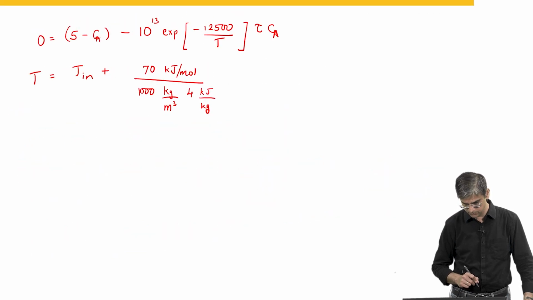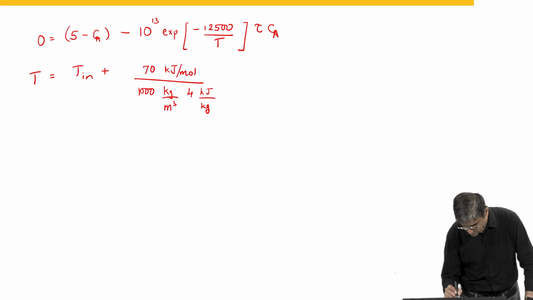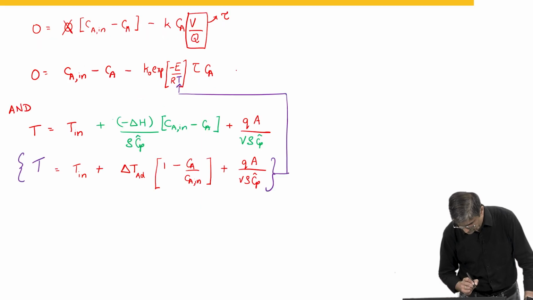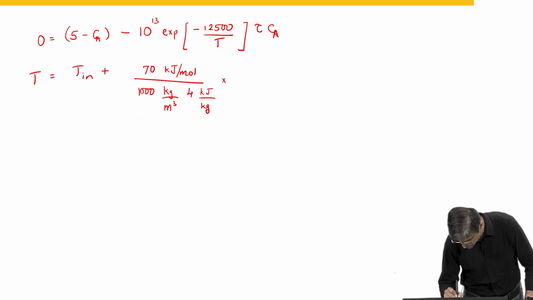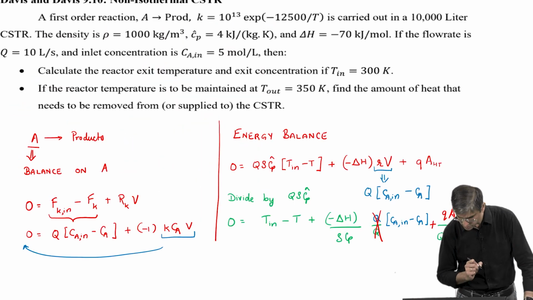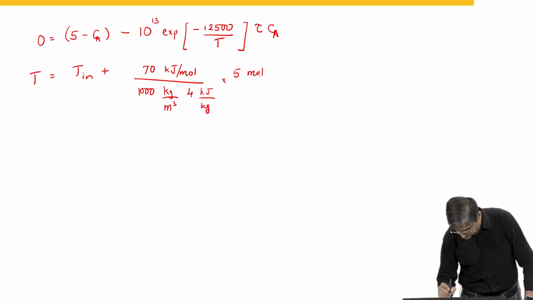Okay. Ca in, so we have this Ca in is 5 moles per liter, okay, which is basically 5000 moles per meter cube.